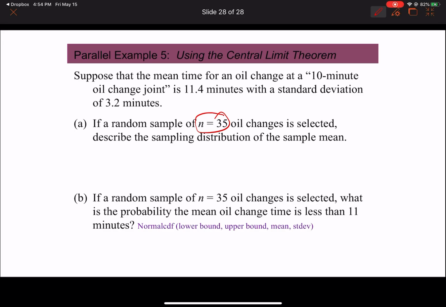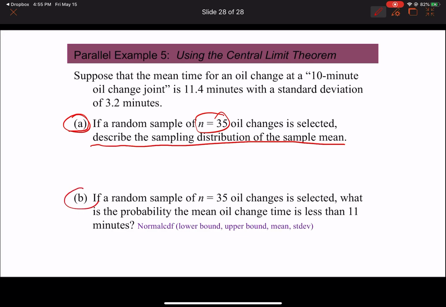What this means is, give me the mu sub x bar and give me your new standard deviation, or your standard error. Give me both of those things.